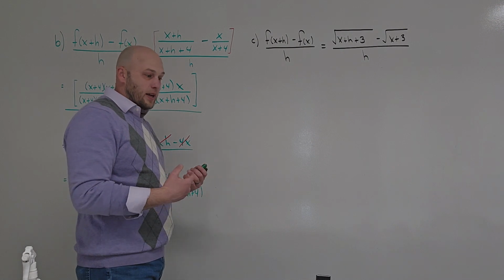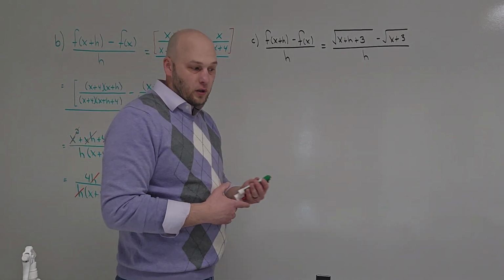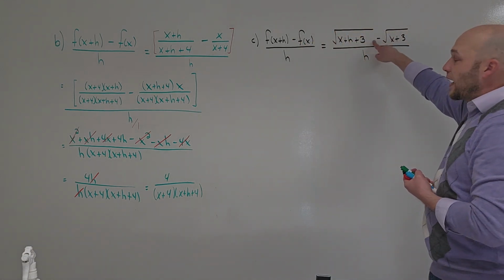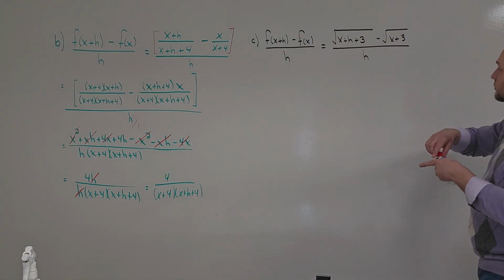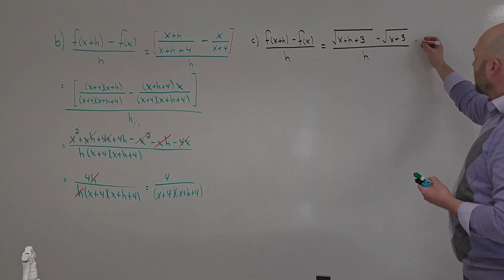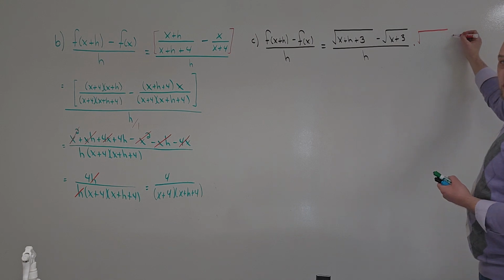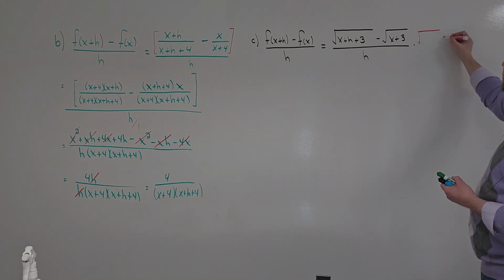Well, there's a standard technique for eliminating radicals called rationalizing. What I'm going to do is multiply by the conjugate of this. So I'm going to multiply top and bottom by the conjugate. Let me write this a little bit smaller to make sure it's on screen.